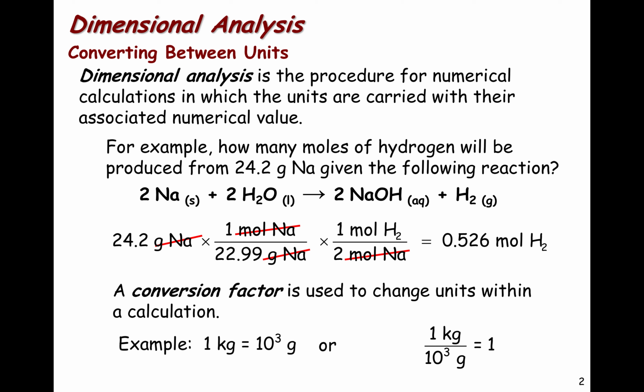In translating that into English, it says that there is 1 kilogram per 10 to the third grams. Alternatively, rearrange it in another direction where you take the original equality and divide both sides by the 1 kilogram, and you come up with a statement that is written mathematically, and it says that 10 to the third, or 1,000 grams per 1 kilogram.